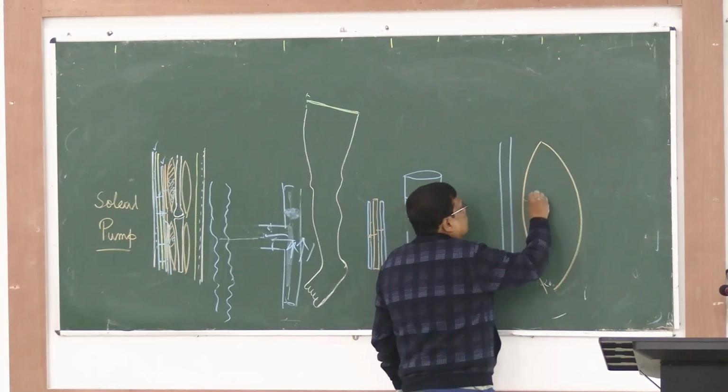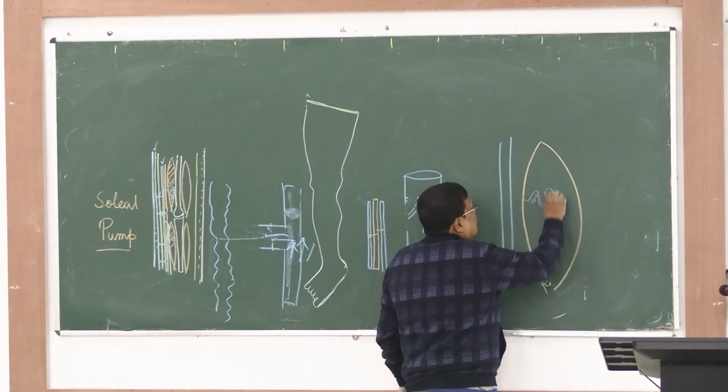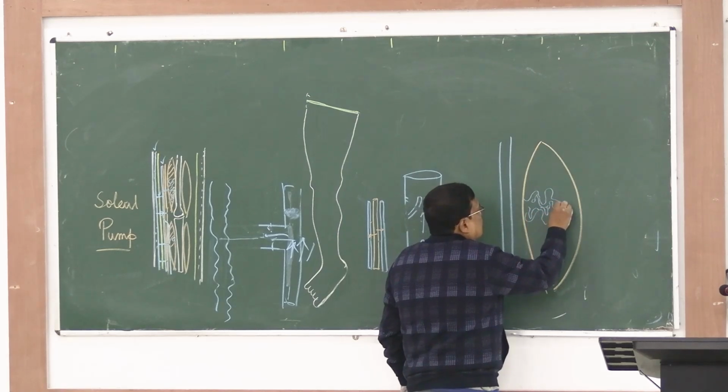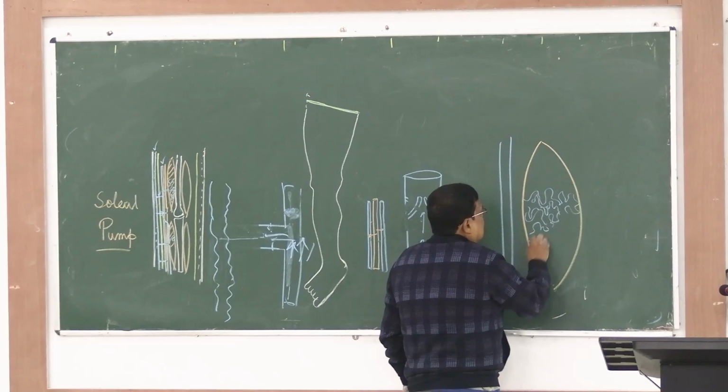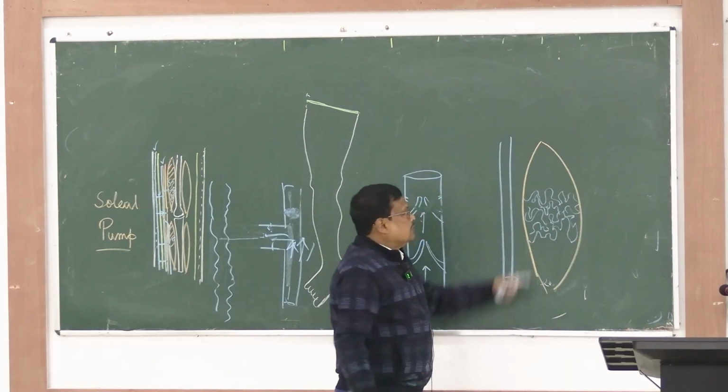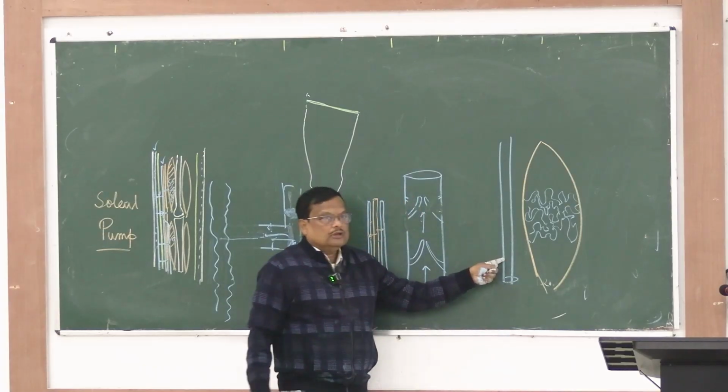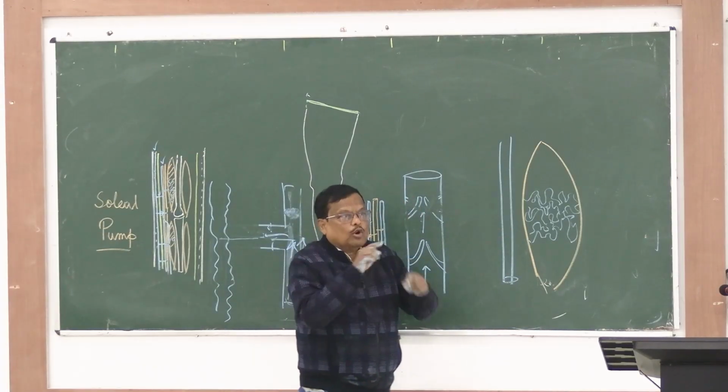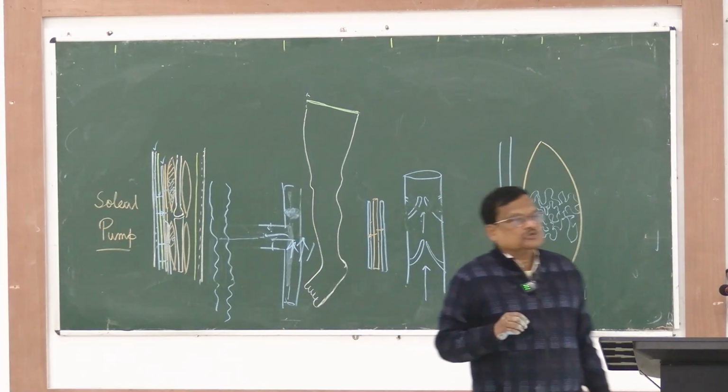So, veins are present. These veins are not present like this. They are present as communicating sinusoids.